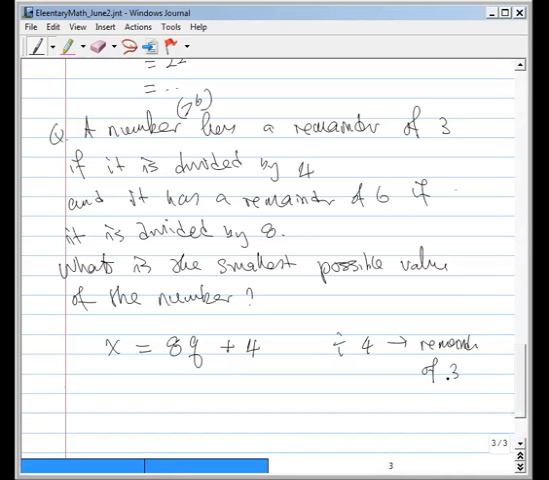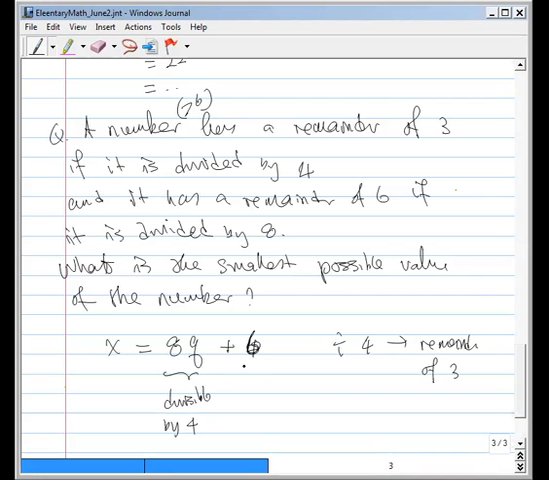Now, do you think it's possible or not? Because 8 times the quotient plus 6, this part is always divisible by 4, right?